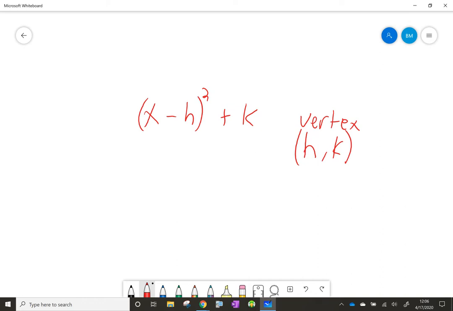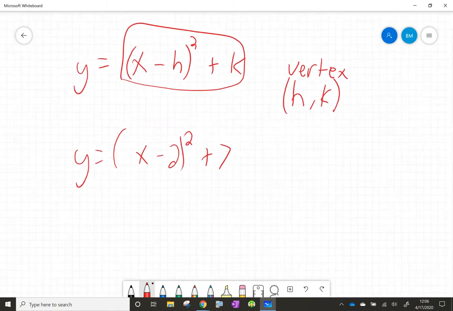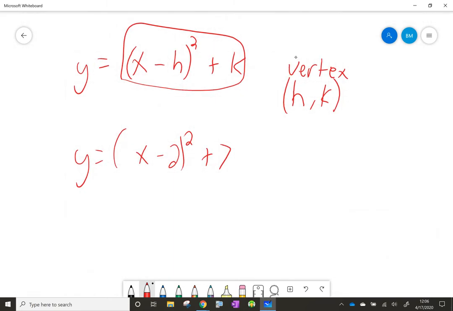So what's an example of vertex form? Let's get some numbers here. I should put y equals in front of this, although really we're focusing on this part here. An example would be y equals (x minus 2) squared plus 7. In this case, the vertex of this equation would be 2, 7. Here's something very important to point out: the minus sign inside the parentheses indicates that the 2 is actually a positive 2.